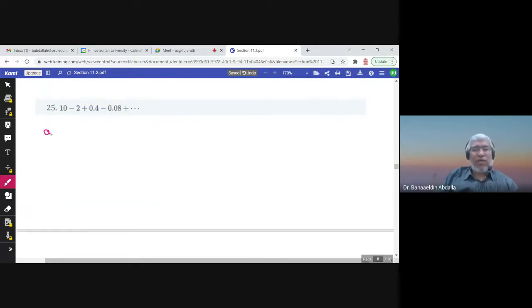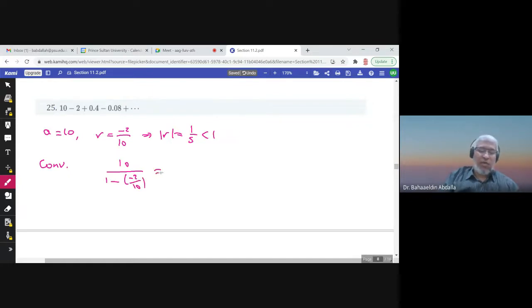Well, here a is 10 and r is negative 2 over 10. So the absolute value of r is 2 over 10 or 1 over 5, and this is less than 1. So this is a convergent geometric series, and its sum would be 10 over 1 minus r, which is negative 2 over 10 or 1 over 5. So the answer would be 25 over 3.